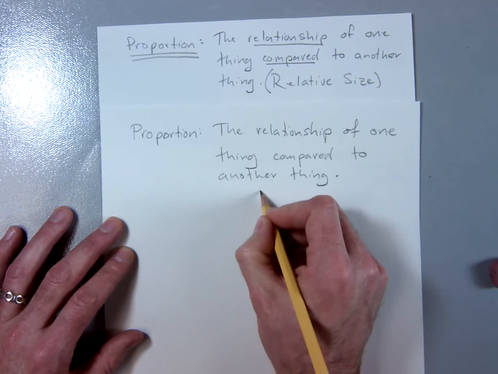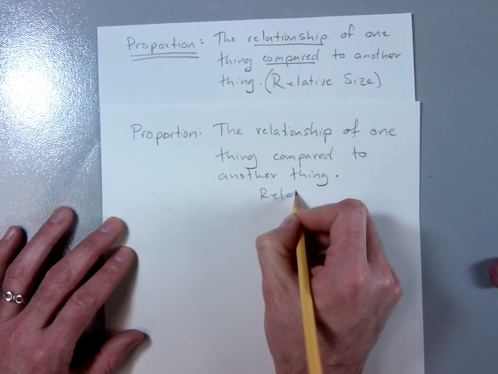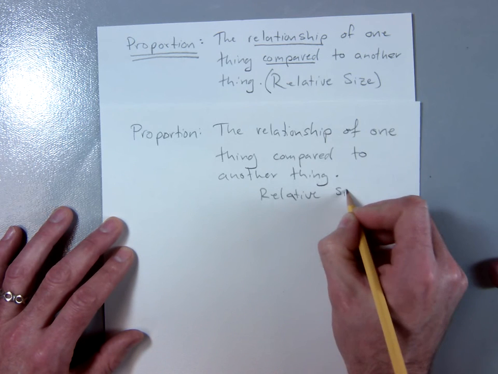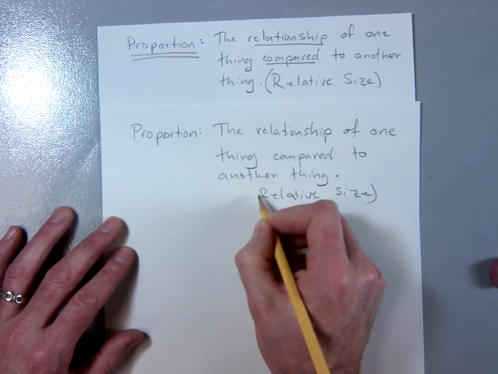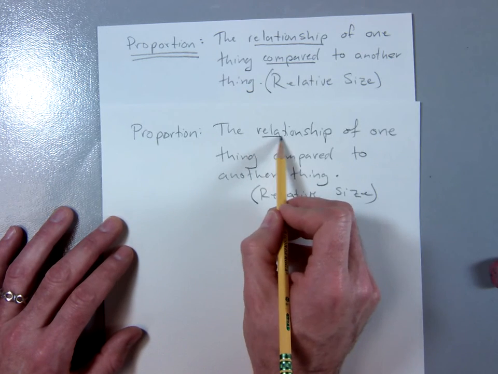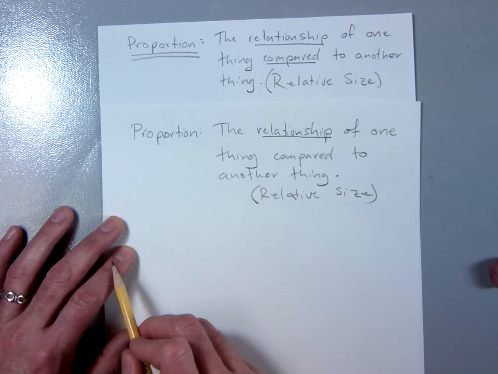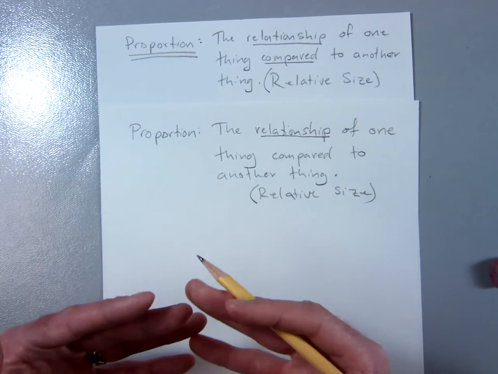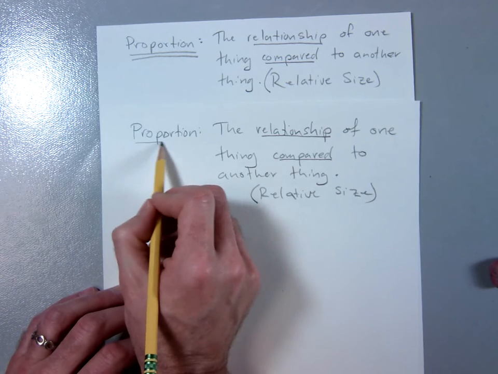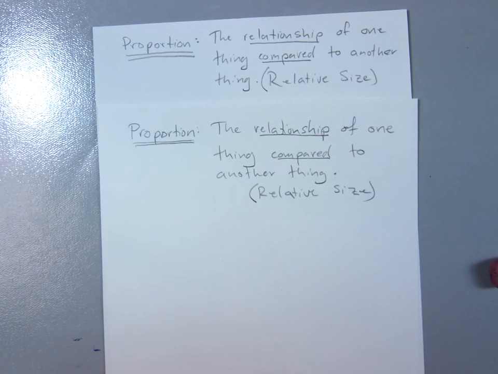Think of relative size. I'll pause the video and we'll talk about that concept. But basically, it is all about how the relationship of things are together and how you compare the things to get the correct proportion. Okay, so write that one down.